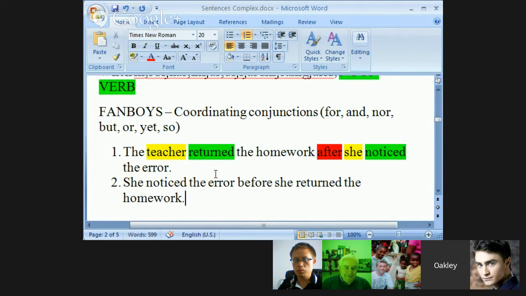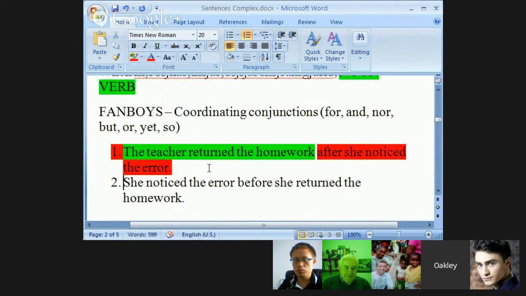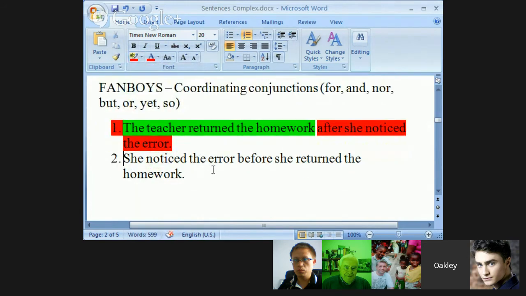Now, you would definitely say here, this is your independent clause, right? The teacher returned the homework. And most certainly the second one is your subordinate. The principal action is the teacher returning the homework.